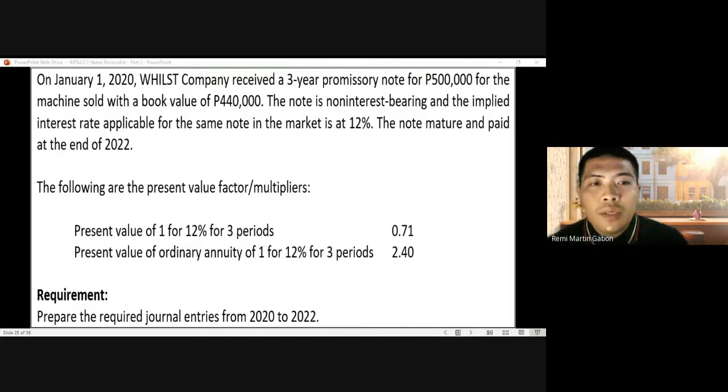What about the ordinary annuity? How do we solve for 2.40? Di ba nakuha si 0.71? From 0.71, 1780 something, what we are going to do is minus 1.